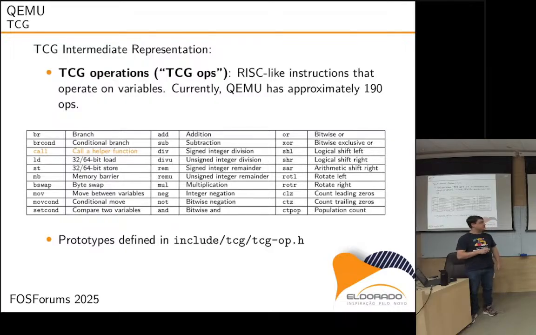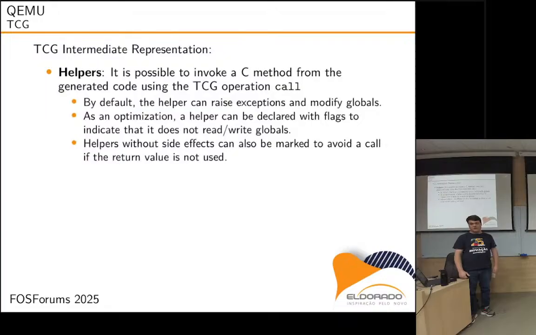One operation, that is the call, is used to call helpers, so the just-in-time generated code can jump out of the translation block to execute a method written in C. So if you have an operation that is too complex to generate at runtime, it's better to write this operation in C and have the just-in-time code call your helper during the execution.